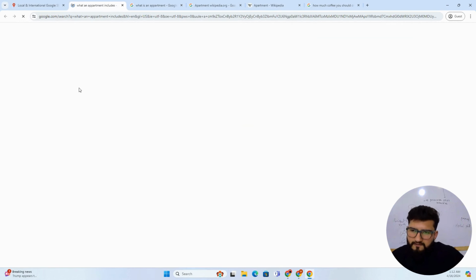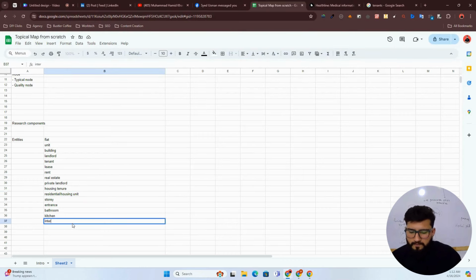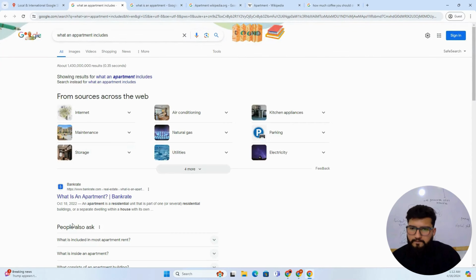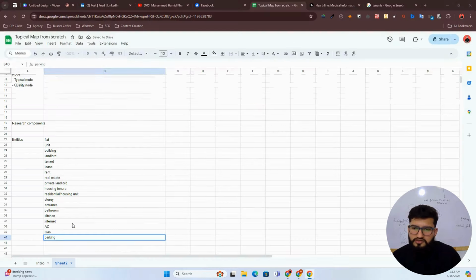And I would make my query more clear, like what an apartment includes: internet, air conditioning, AC, kitchen appliances, maintenance, natural gas. Okay, some more things like parking, some more like storage.